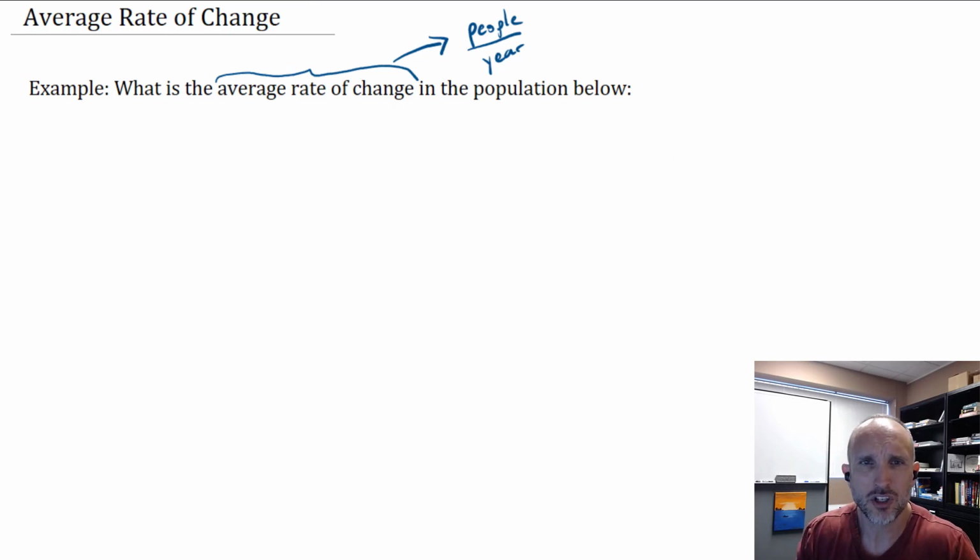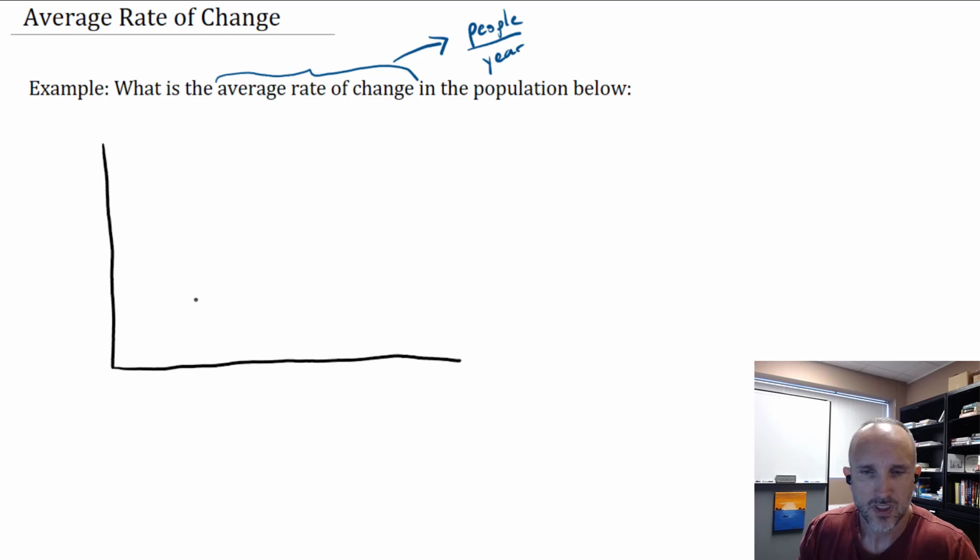So let me show you a graph of the population. It'll be a rough sketch here. And we will say, over here it's going to be the population in thousands. And down here we'll have the year. Okay.